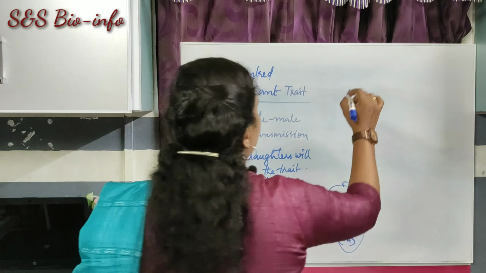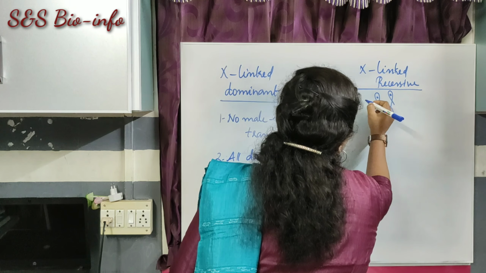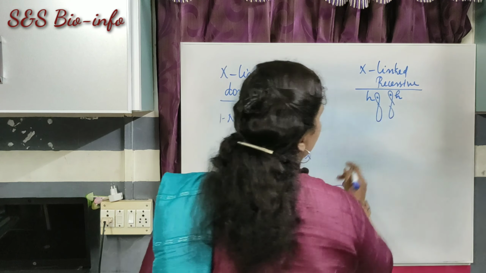X-linked recessive means both X chromosomes must have two recessive alleles. Suppose these two are recessive alleles. The two X chromosomes must show these two alleles. The mutation of these alleles may cause the X-linked recessive disorder. In the case of fertilization in human beings, if an X carrying ovum fuses with the X carrying sperm, the child will be a girl.